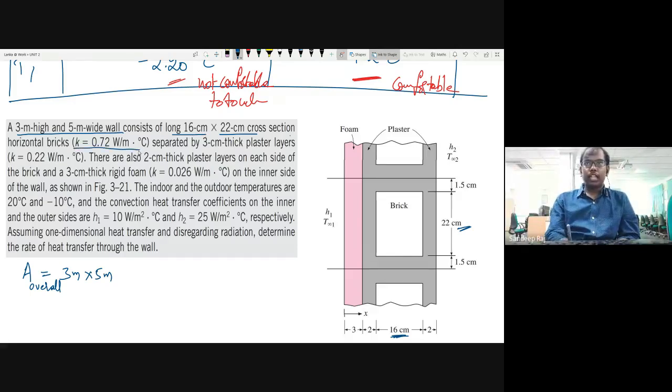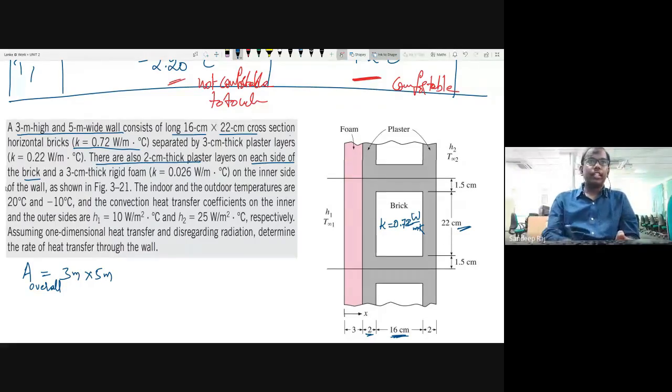And the thermal conductivity of this brick he has given is 0.72 watt per meter Kelvin. And then he's saying that there is also a 2 centimeter thick plaster layer on each side of the brick. This side 2 centimeters, this side 2 centimeters.